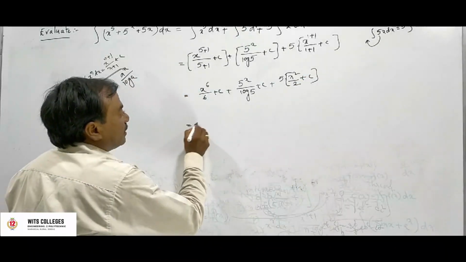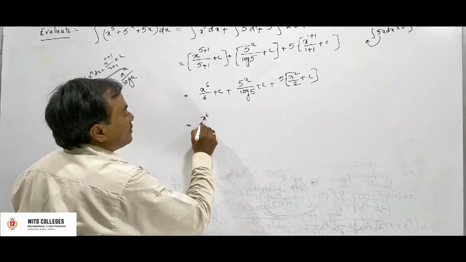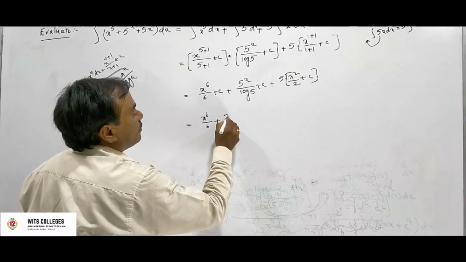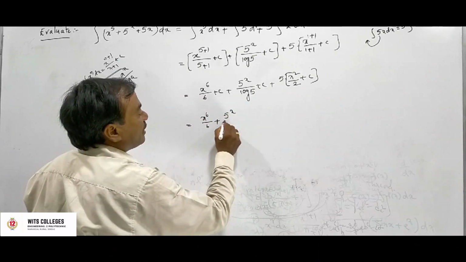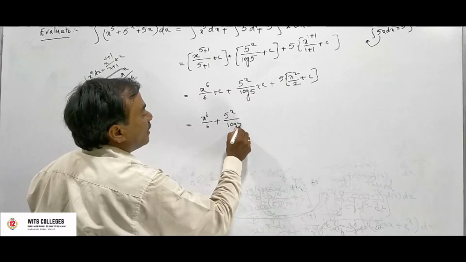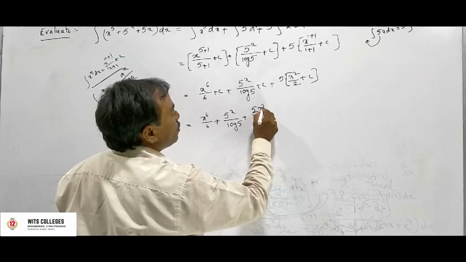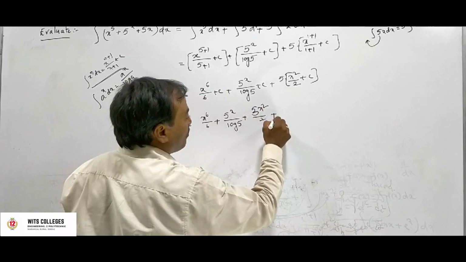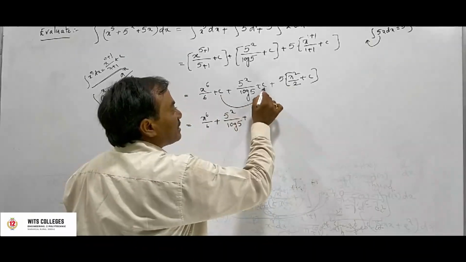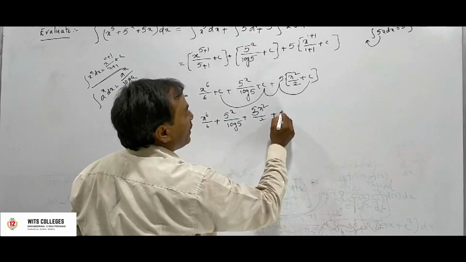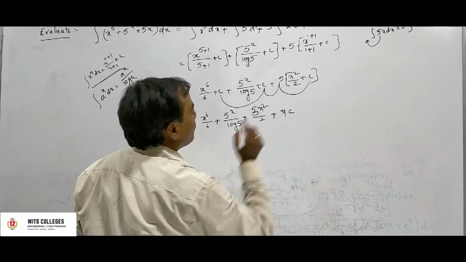So finally it becomes x to the power of 6 by 6 plus 5 to the power of x by log 5 plus 5x square by 2 plus the constants, which together give 7c.